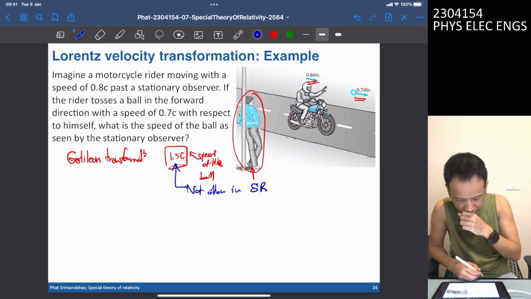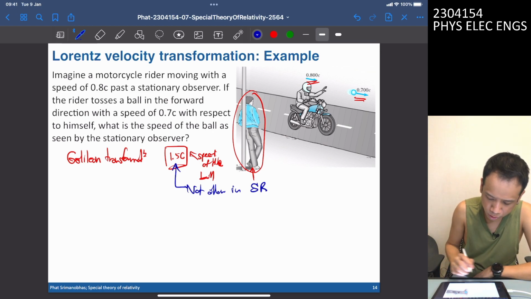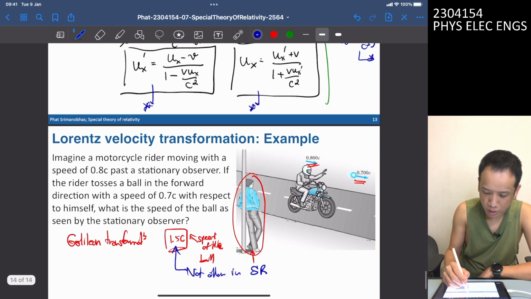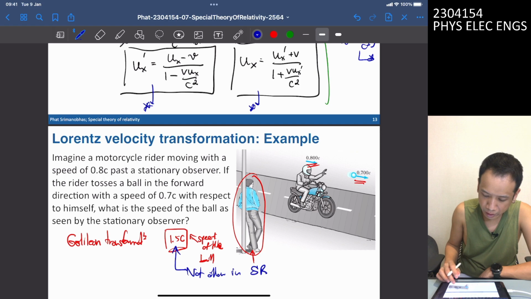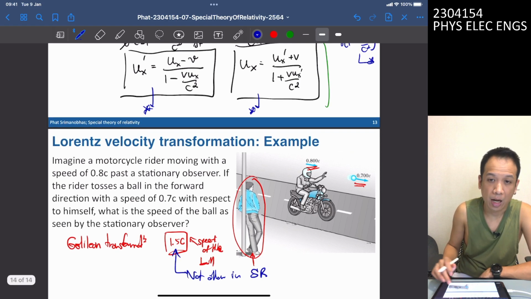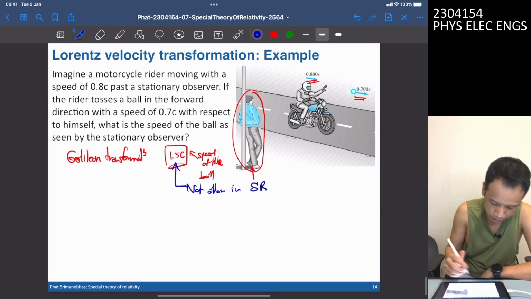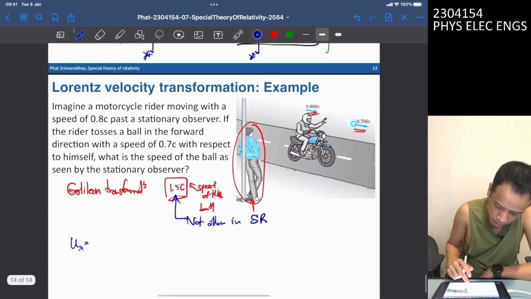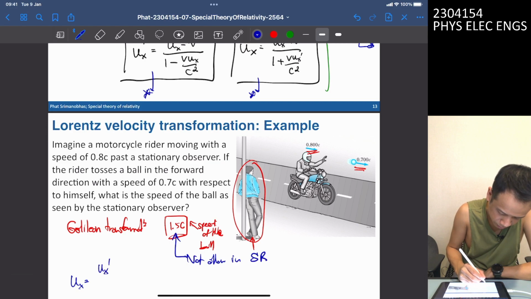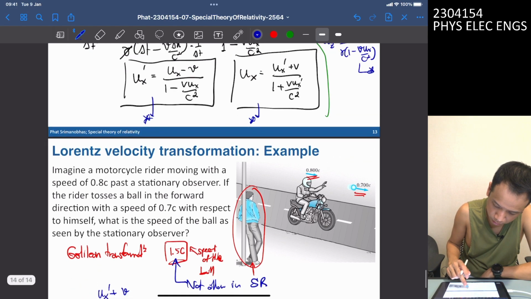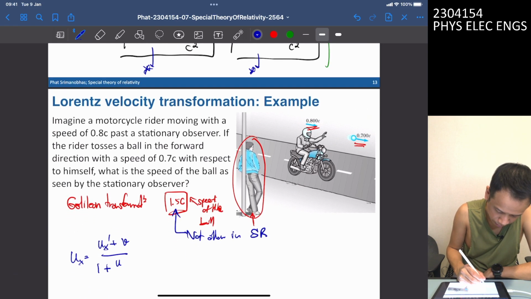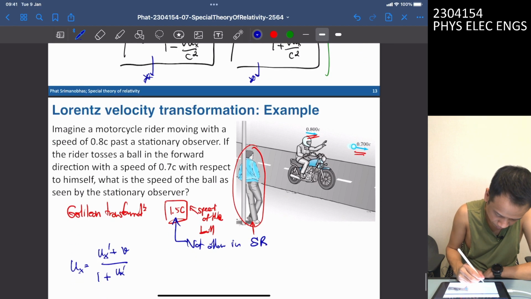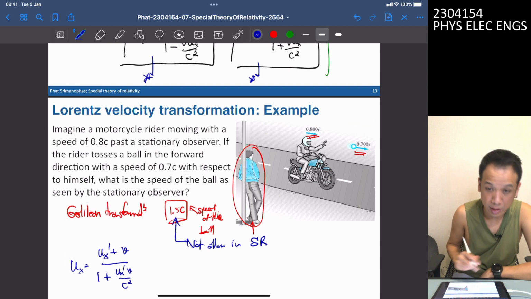So we need to use the velocity transformation here. We use the inverse one, because we are talking about a person in the S frame, the rest frame, looking at the moving frame in this picture. So you get ux equal to ux prime plus v, over 1 plus ux prime v divided by c square.